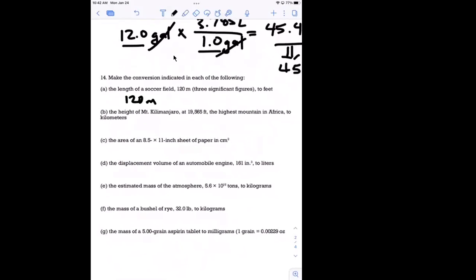There's a long way and a short way. Which way do you want to do? Let's do the long way, because we have a conversion from meters to yards already. We talked about that the other day.